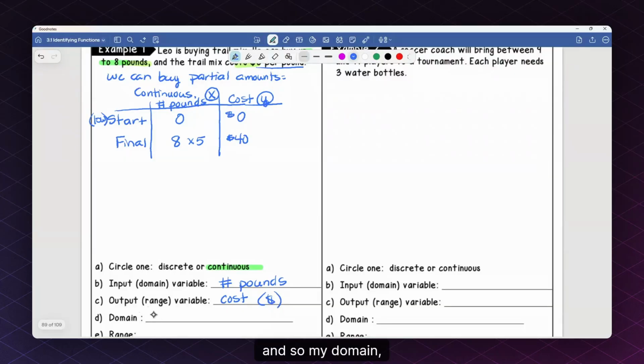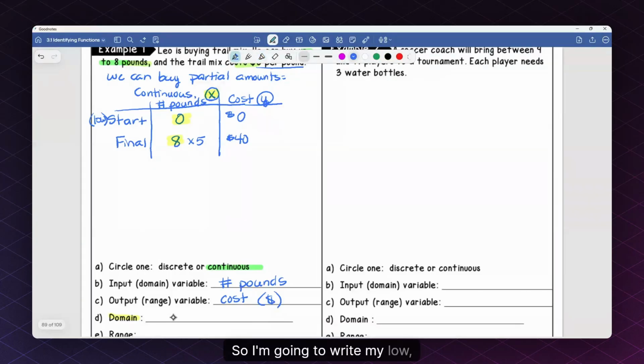And so my domain, when I go to write this, let me just go color code it, see if this helps out any. I never know if my color coding really helps or not. So my domain, we're going to make that yellow. It starts here and it ends here. Okay, it starts at 0 pounds and it goes up to 8 pounds.